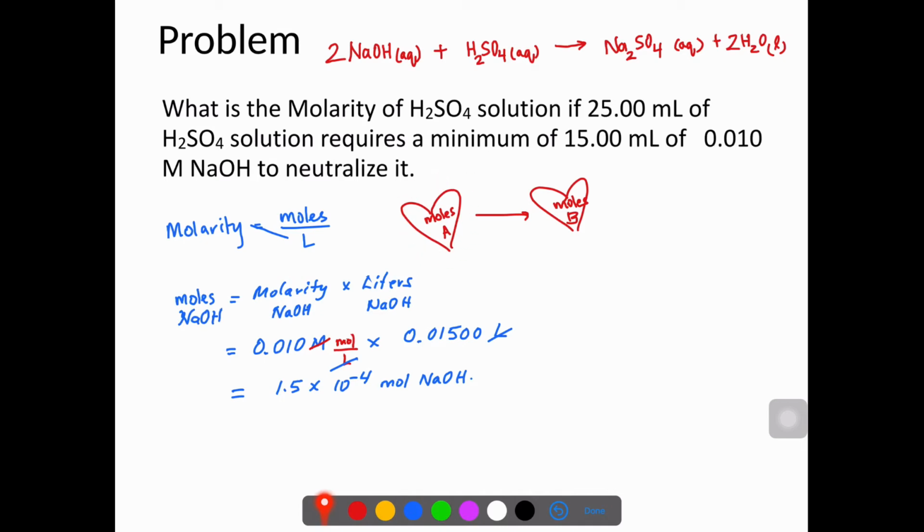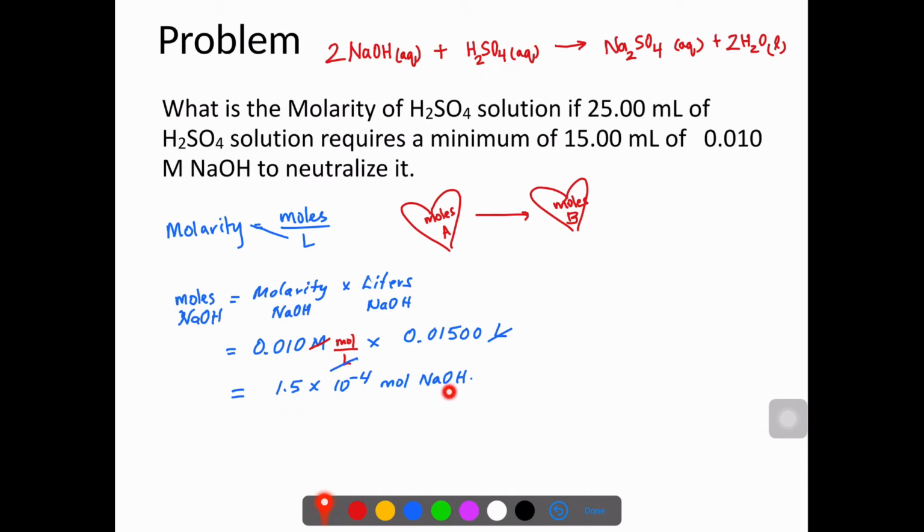We found moles of one substance. Now using that, we can determine how many moles of sulfuric acid it's going to react with. Okay, because we have the ratio 2 to 1. For every 2 moles of sodium hydroxide, it takes 1 mole of sulfuric acid.